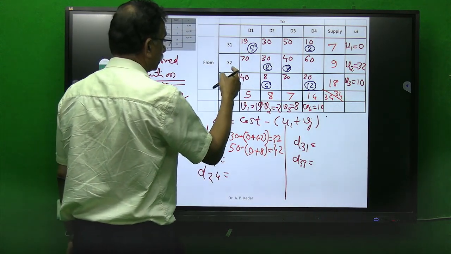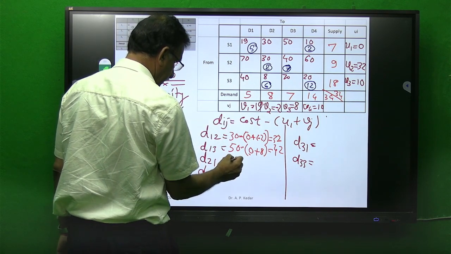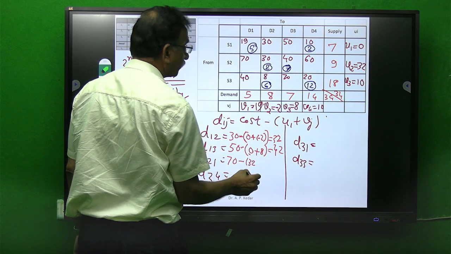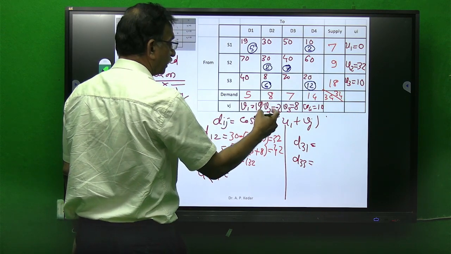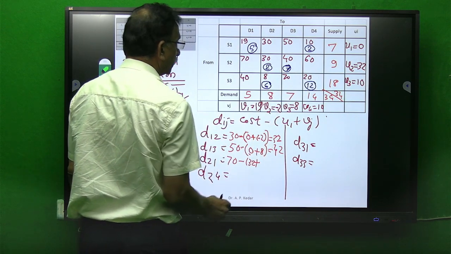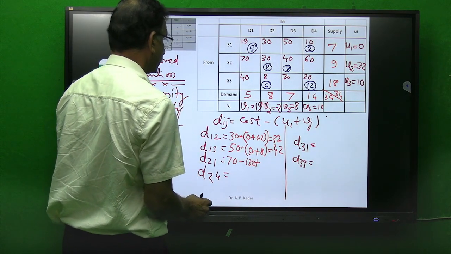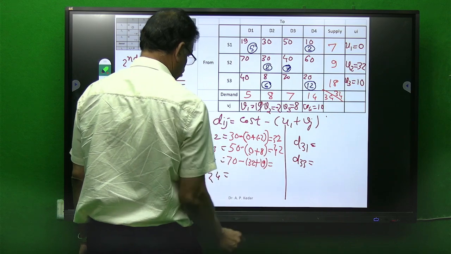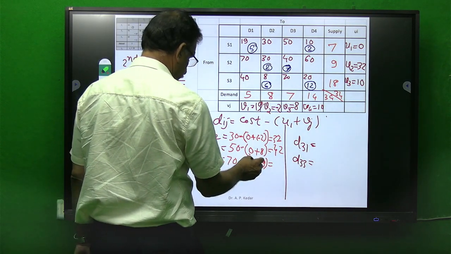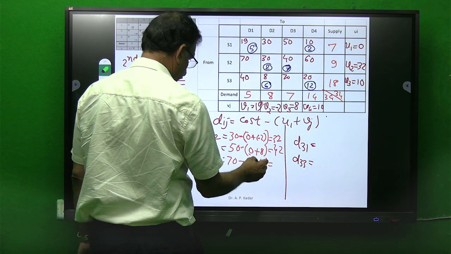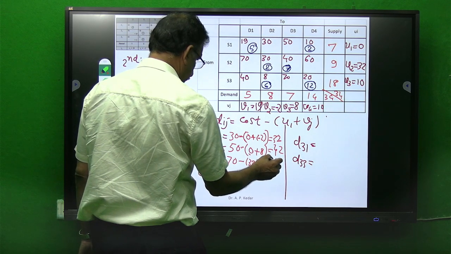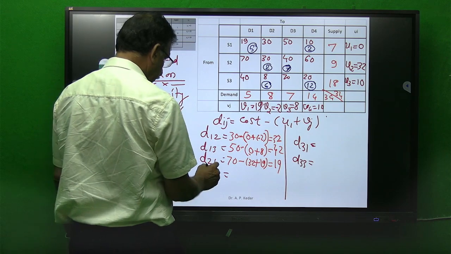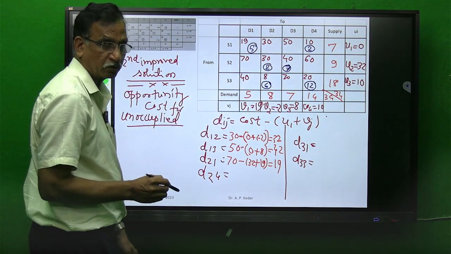Next is D21. D21 is 70 minus 32 plus 19. So 32, 42, 52, 51, it is 19 positive. Now D24, are you getting it or not?